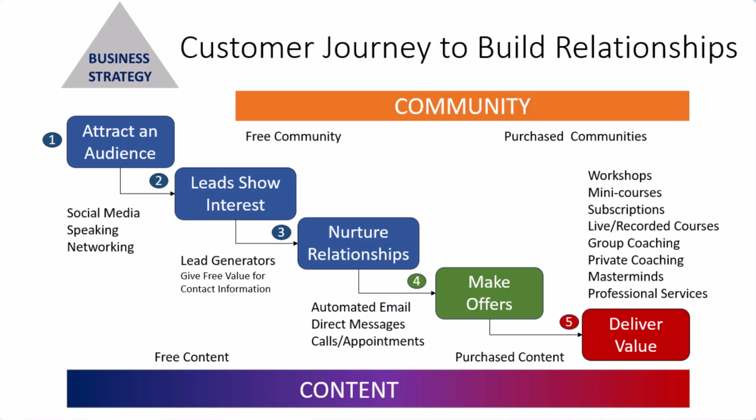So that's how you use those various stages: the marketing, sales, delivery, and community and content. All of the elements of the rocket are here and they're color coded. The marketing activities are in blue, sales is in green, value delivery is in red, community is in gold.